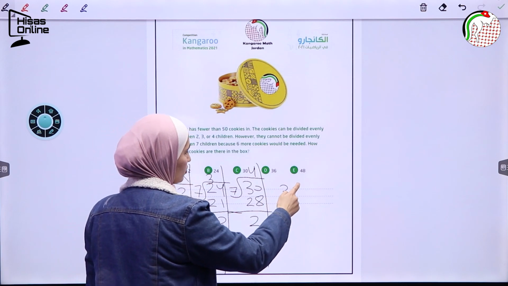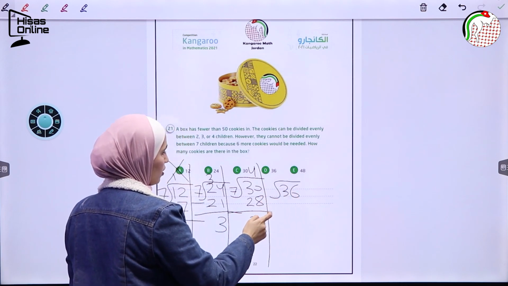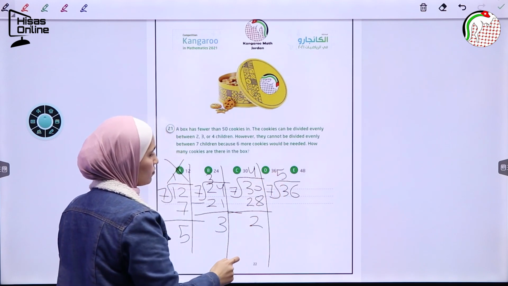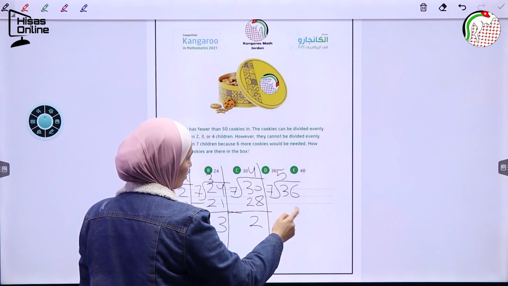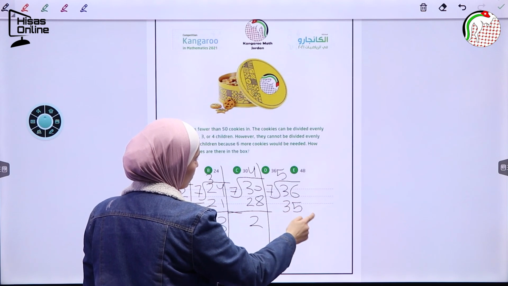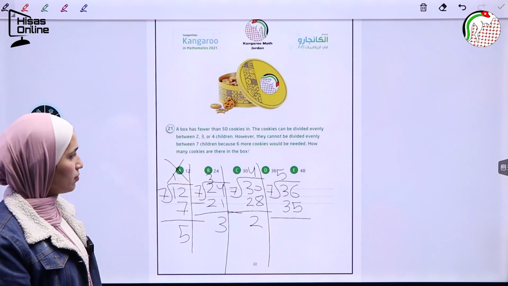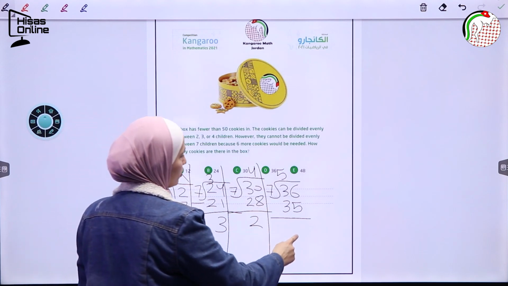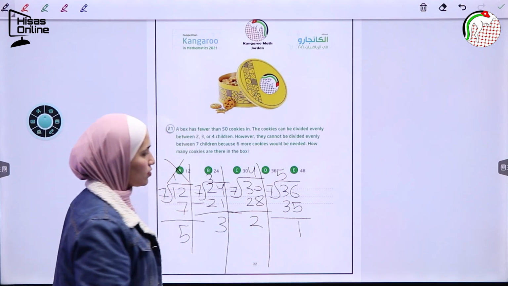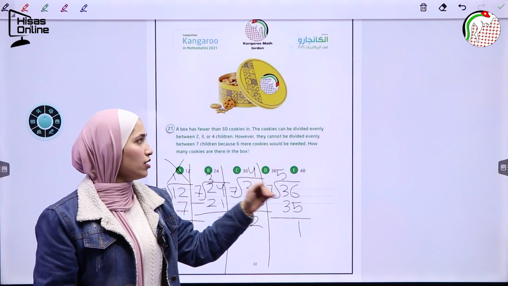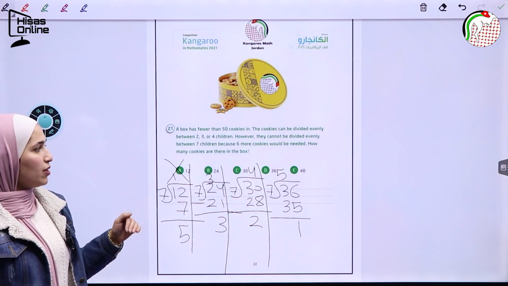Now 36 divided by 7. So 5 times 7 equals 35. So now 36 minus 35 equals 1. So here's the remainder 1. That means 6 cookies would be needed to be divisible by 7.